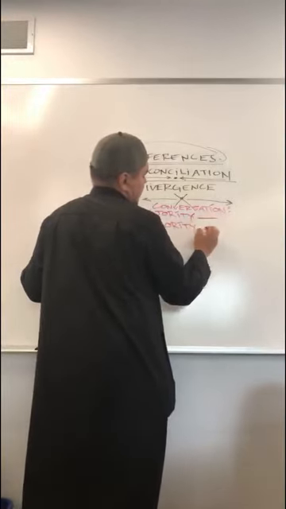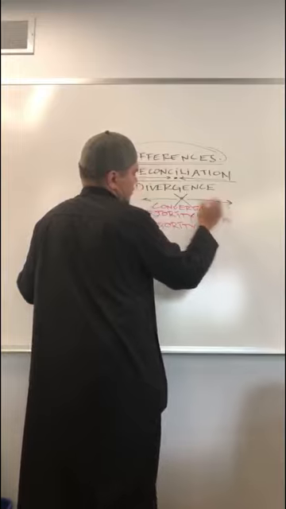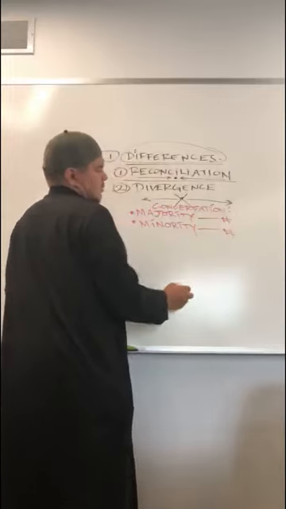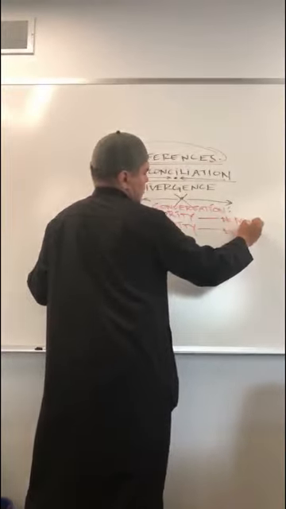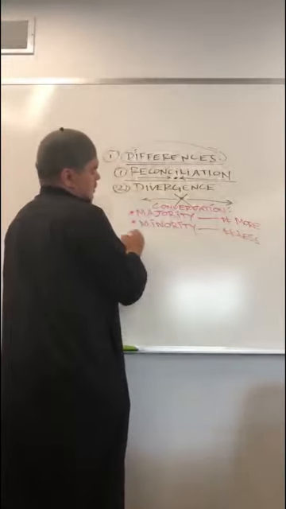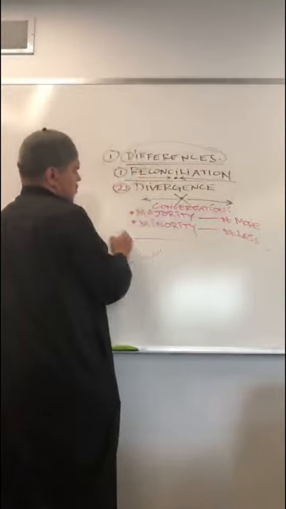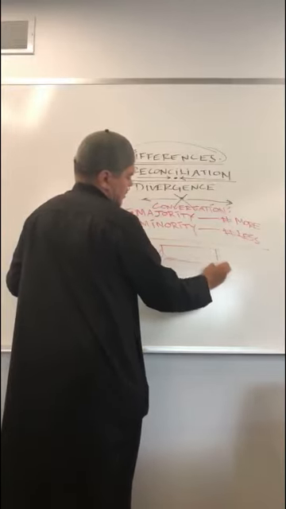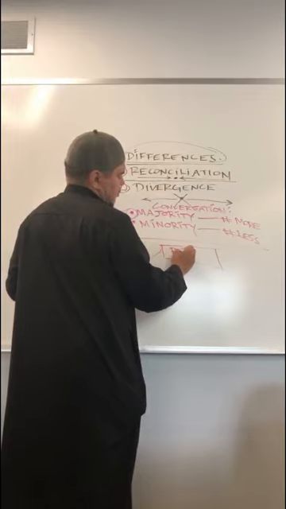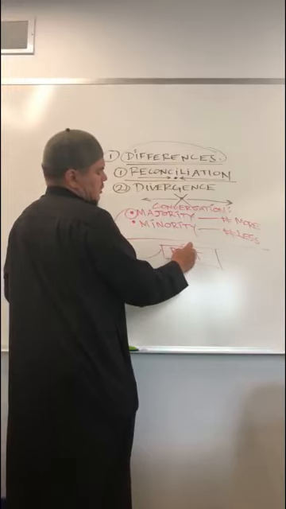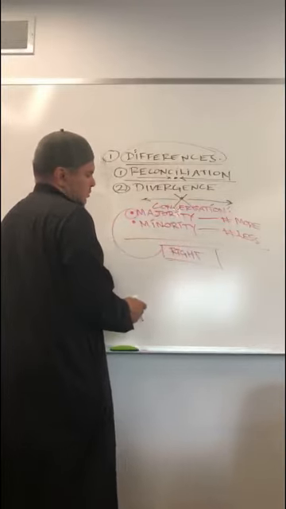The majority position is basically the numerical majority, and the minority position is the numerical minority, meaning this has more, this has less. The general tendency in Islamic scholarship is to go with the majority. But it's not always the case that the majority is absolutely right. The general tendency is that the right tends to go with the majority, but it's not always the case.